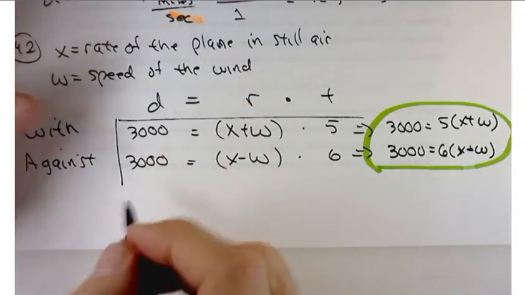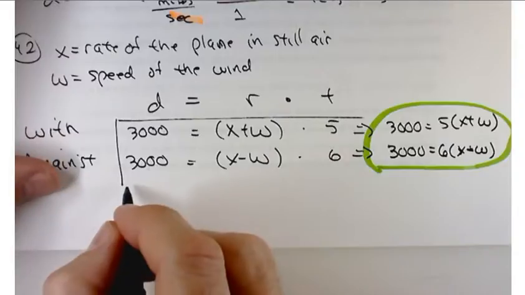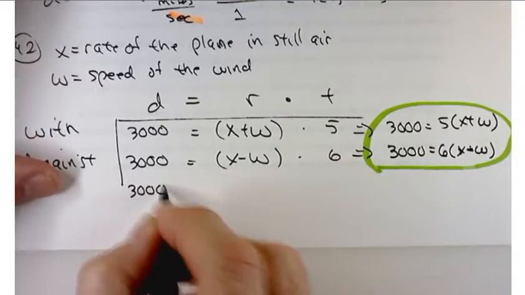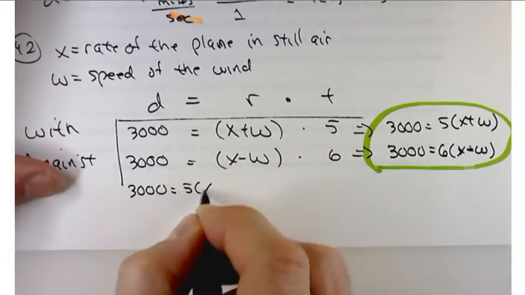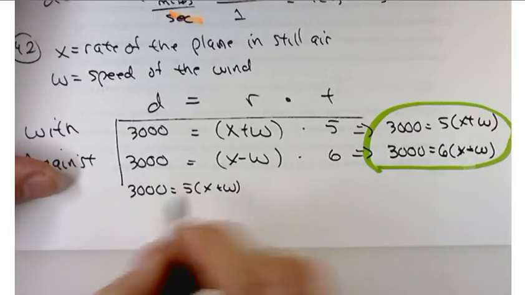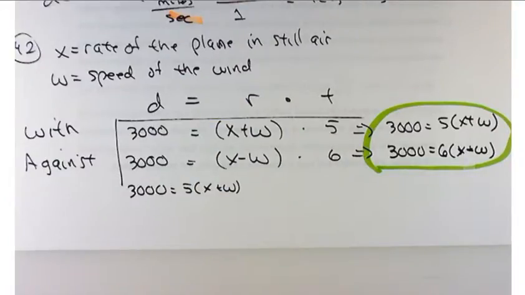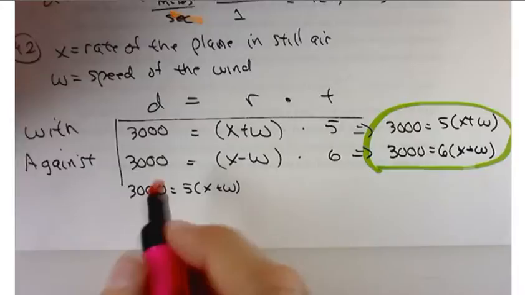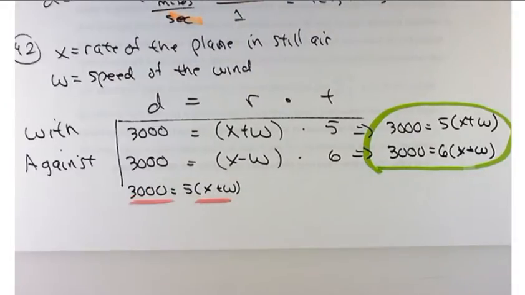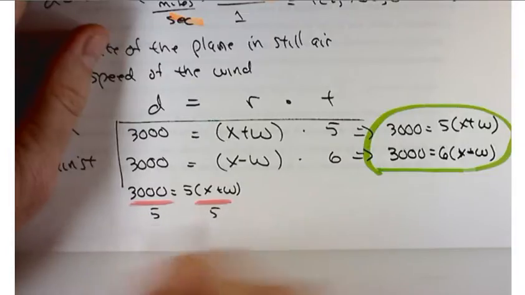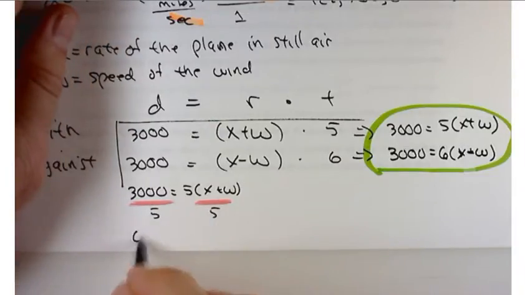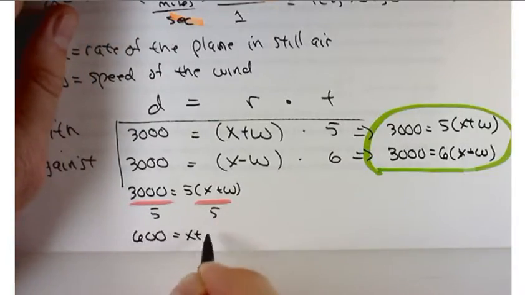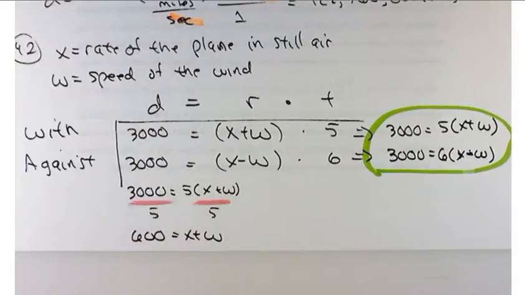Let me suggest here, though, that if I was solving 3,000 equals 5 times x plus w, personally what I would do, instead of distributing, I'd just divide both sides by 5. Because then I would get 600 equals x plus w. The 5's canceled out.